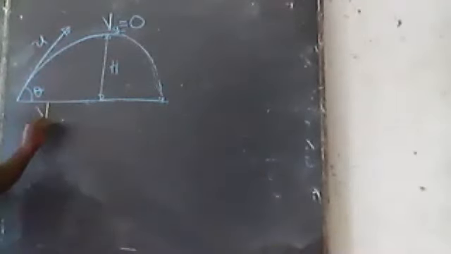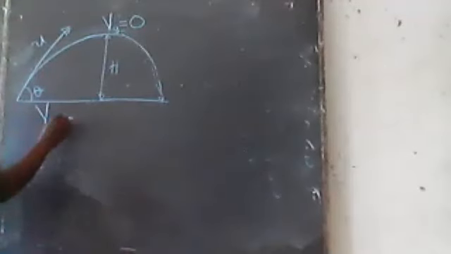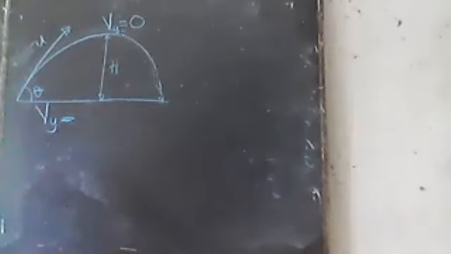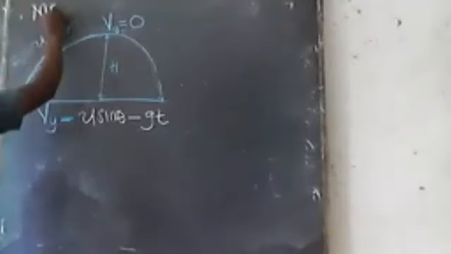So if Vy is 0, how did we derive Vy? Vy was u sine theta minus gt.